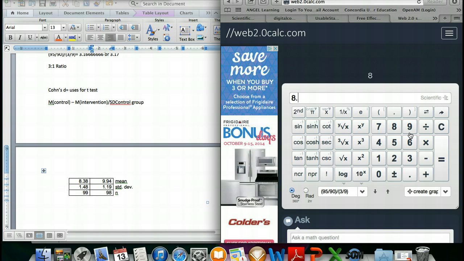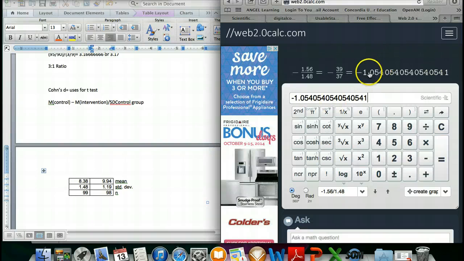So 8.38 minus 9.94. It's negative 1.56. Now we're going to divide that by the standard deviation of the control group. That's 1.48. So divided by 1.48, and we get the same thing.